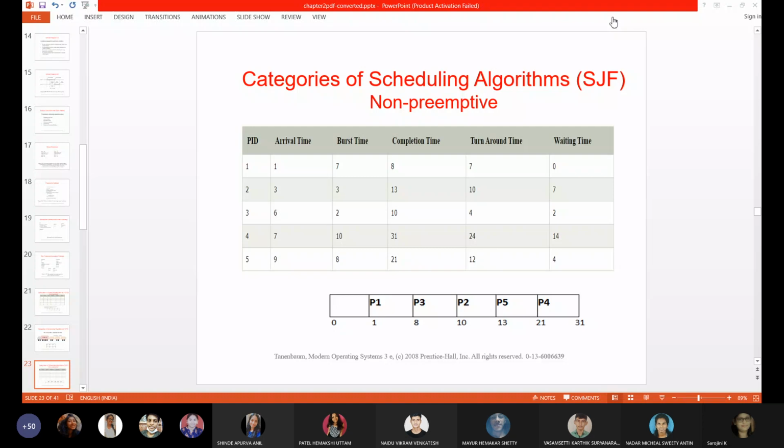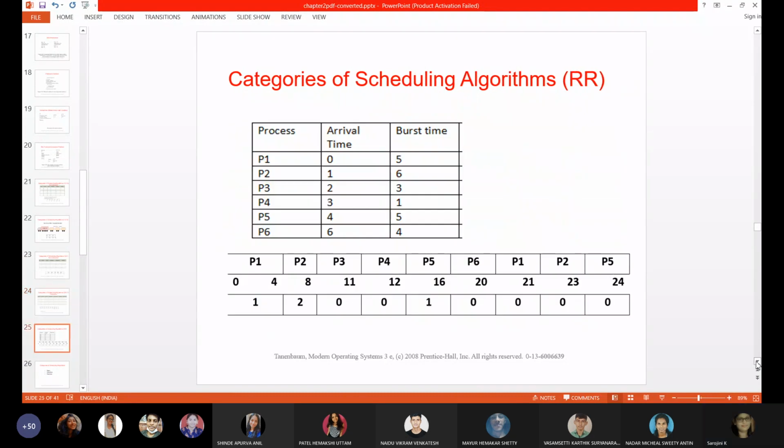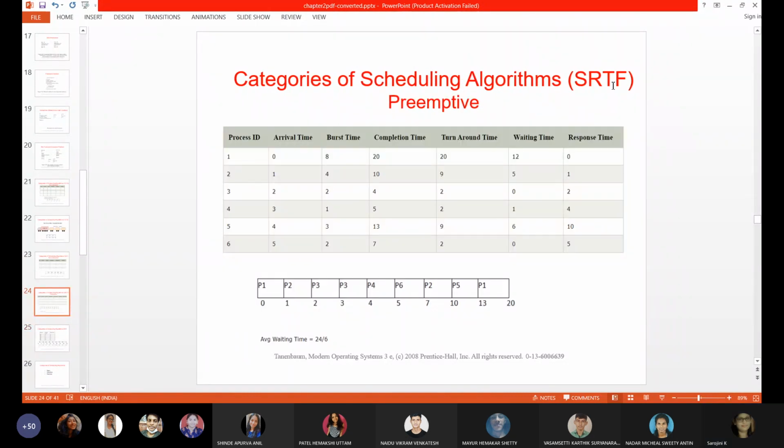So SJF is over, completed. The next algorithm is the shortest remaining time first algorithm. Shortest remaining time first, SRTF.